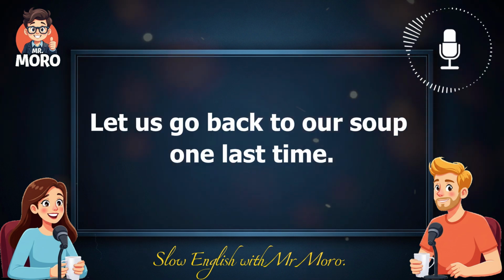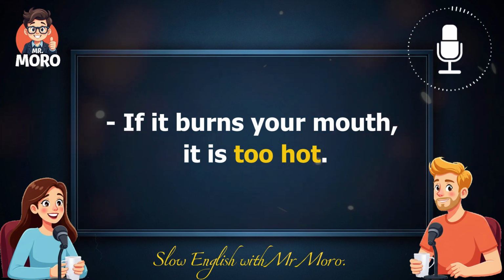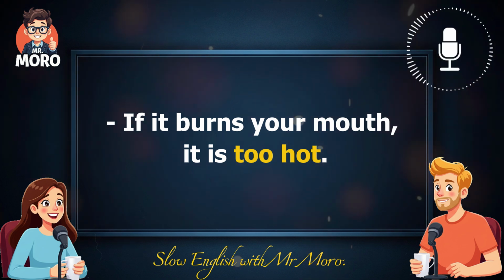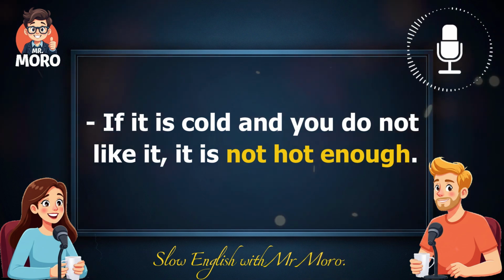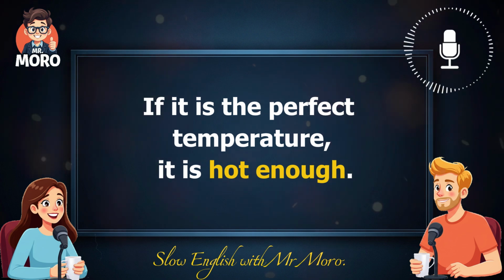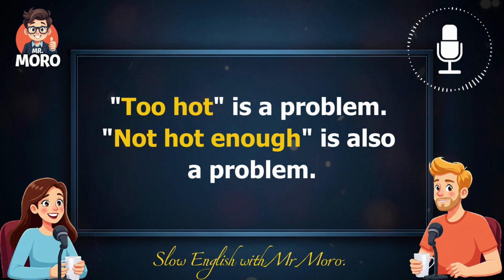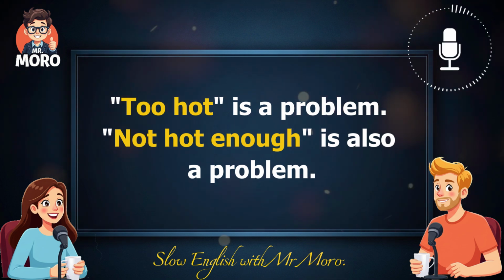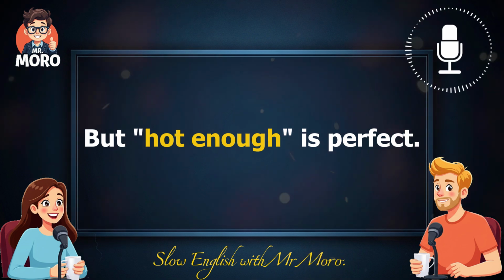Let us go back to our soup one last time. If it burns your mouth, it is too hot. If it is cold and you don't like it, it is not hot enough. If it is the perfect temperature, it is hot enough. Too hot is a problem. Not hot enough is also a problem. But hot enough is perfect.